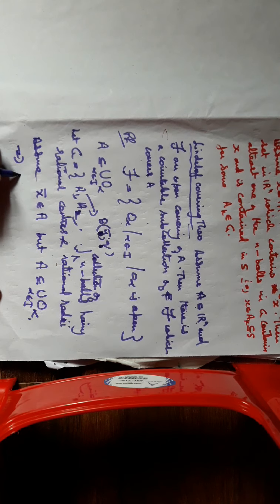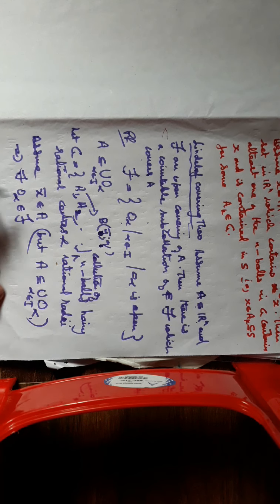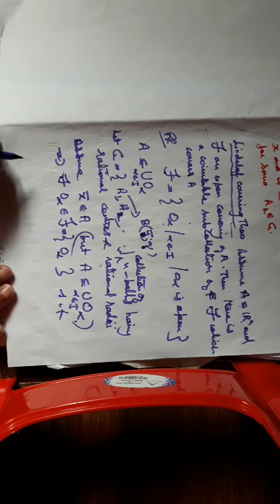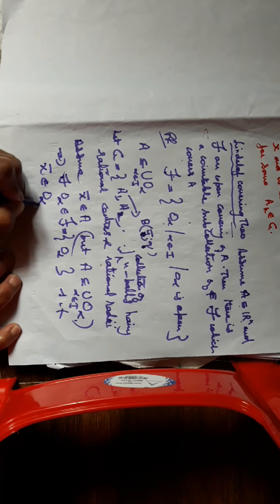It implies that there exists an O alpha belonging to this collection F, O alpha with alpha in the indexing set, such that x bar belongs to O alpha.